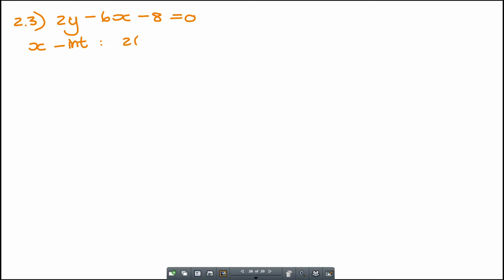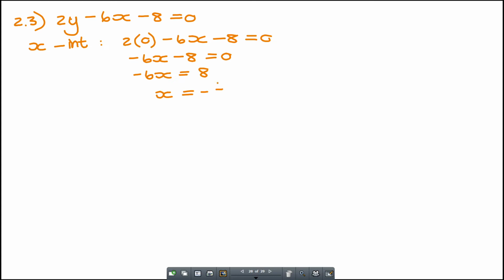So dan gaan dit wees 2 maal 0 minus 6x minus 8. Okay, so in other words, just minus 6x minus 8 is equal to 0. Positive 8, so x gaan wees 8 over minus 6, met ander woorde minus 4 over 3.